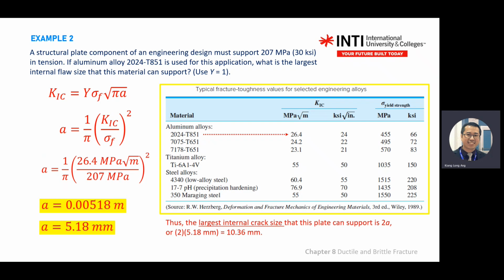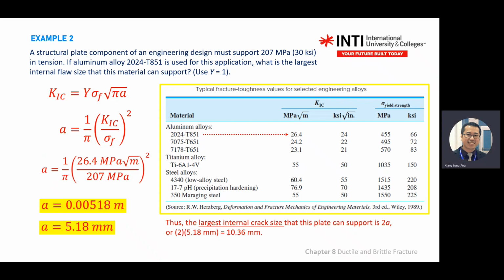So the largest internal crack size this plate can support is 2A. So you multiply by 2, it becomes about 10 mm. Again, a crack can be of 2 scenarios. One is at the side, one is at the center.